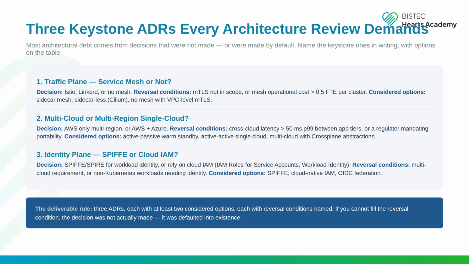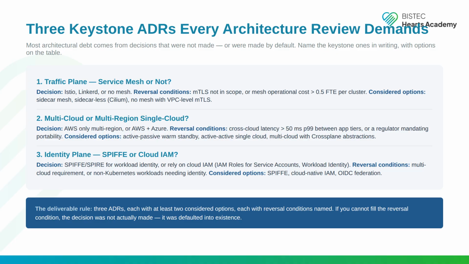Keystone 3: the identity plane, SPIFFE or Cloud IAM. The decision is between SPIFFE or SPIRE for workload identity, or relying on cloud-native IAM, like IAM roles for service accounts or workload identity. The reversal conditions: multi-cloud requirement, or non-Kubernetes workloads needing identity.